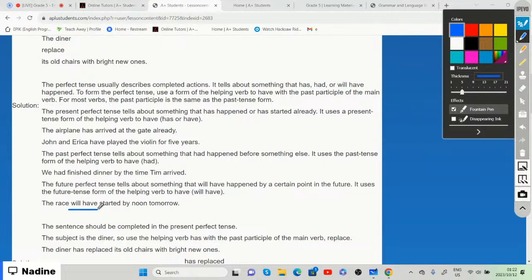In order for us to form the perfect verb tense, we need to use a form of the helping verb to have with the past participle of the main verb. And for most verbs, the past participle is the same as the past tense form.